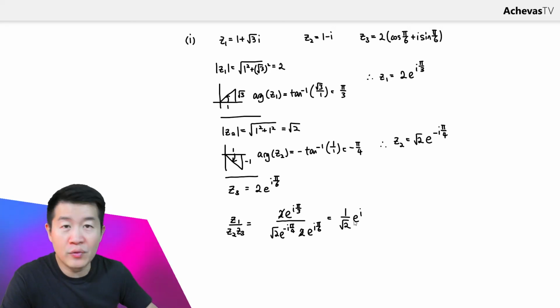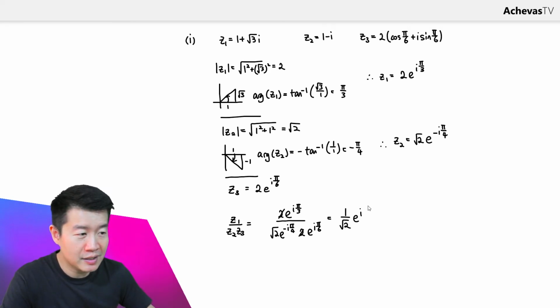As for its overall argument, we just need to apply indices. So that will be i times pi over 3, but we are going to be factorizing out i. So pi over 3 minus pi over 4 becomes plus pi over 4, then minus pi over 6.